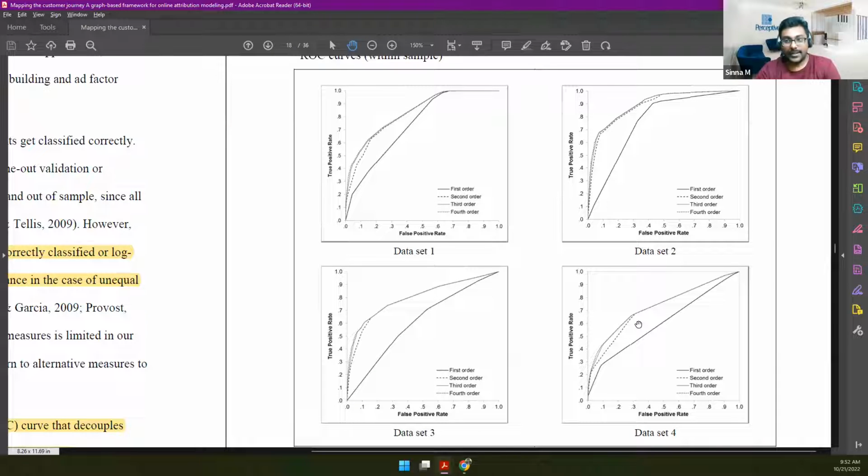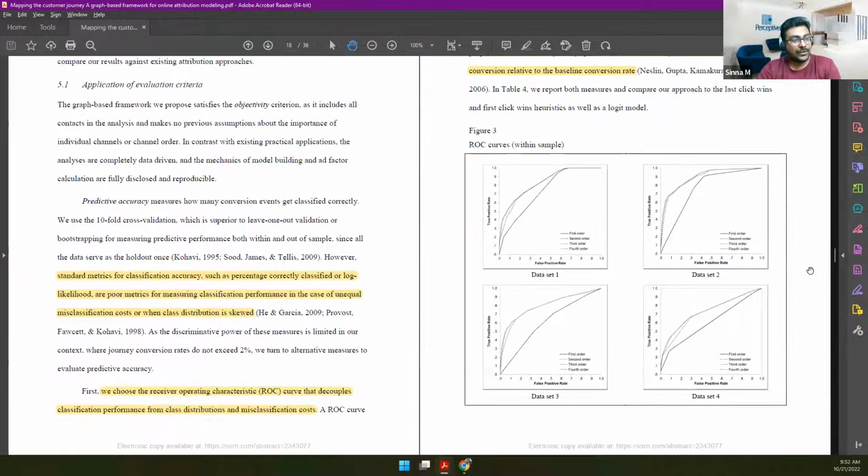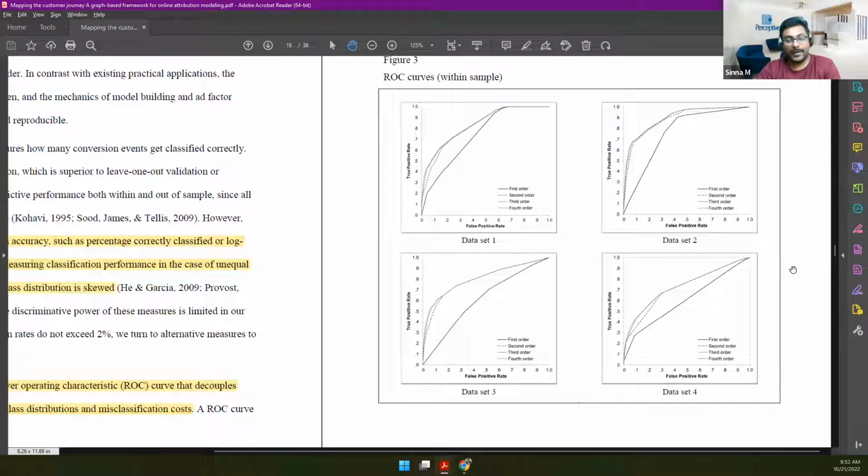And if you're chasing accuracy vigorously, then you can take the third order chain, right? That will give you almost 99.99% of what the fourth order gives you as well, right? You can get the same results. So that is what they're trying to tell here, and they've shown that the higher order chains are definitely performing better for attribution use case, right?